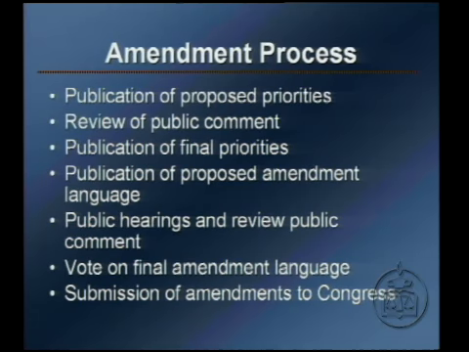Again, persons who are interested in the guidelines are provided the opportunity to provide public comments, this time on the proposed amendment language. The Commission then continues to review and examine the issues, consider any additional public comment, and analyze the data as they relate to these final priorities.